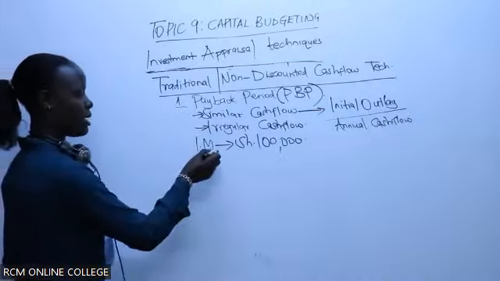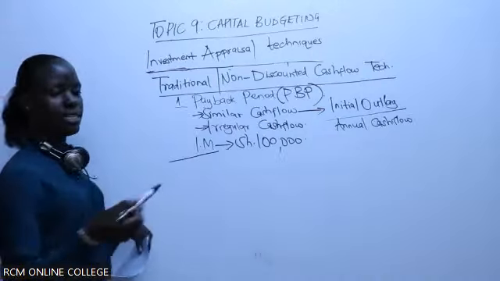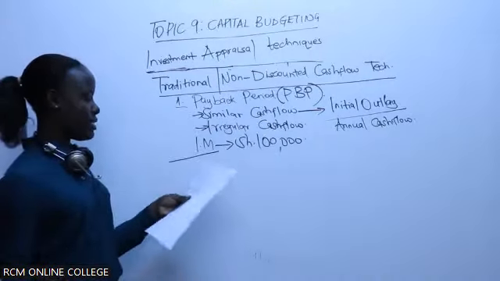You'll just take your 1 million and divide by 100,000. I guess that is very simple.